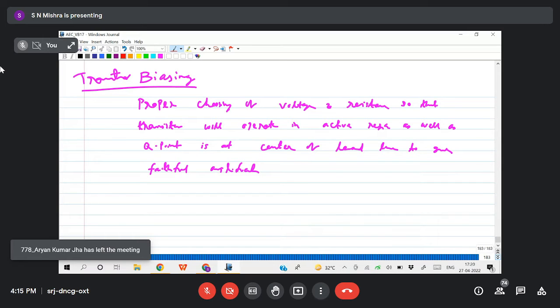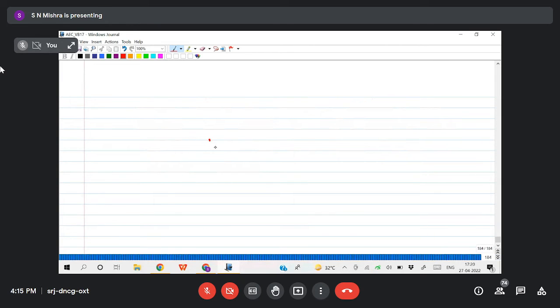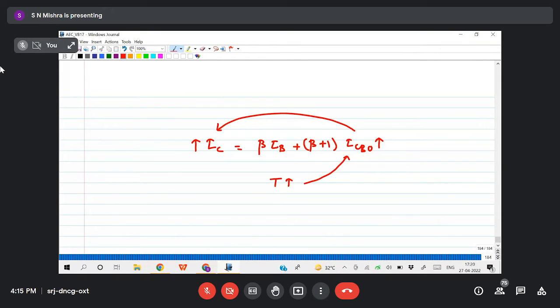Now you have understood what is biasing. So the problem we have seen: IC equals beta IB plus (beta plus 1) ICBO. What I told, leakage current will increase. Leakage current will increase means it will increase the heat across the transistor.